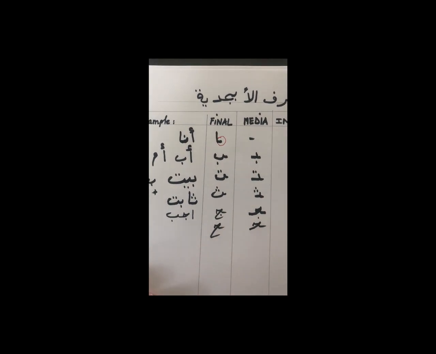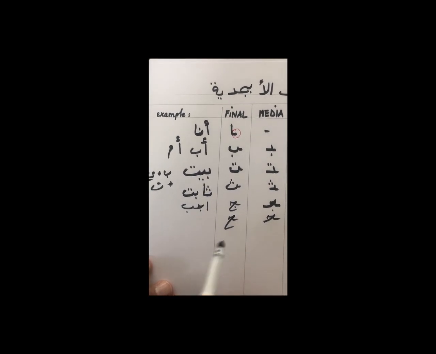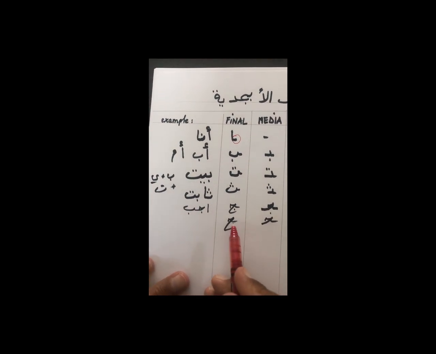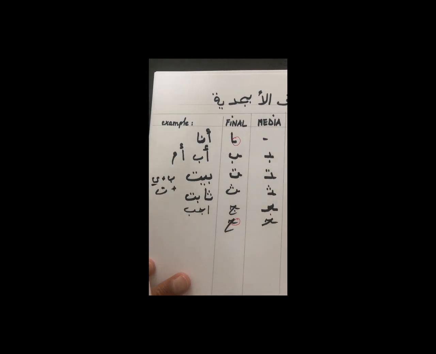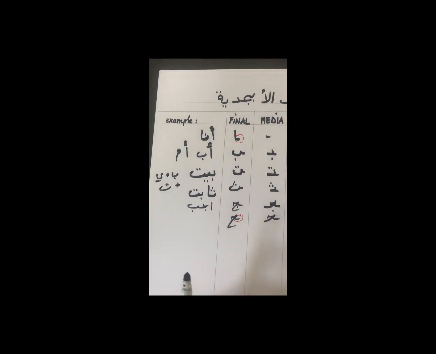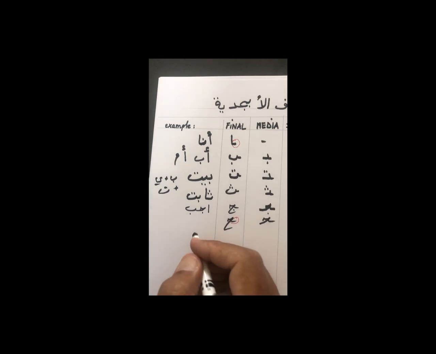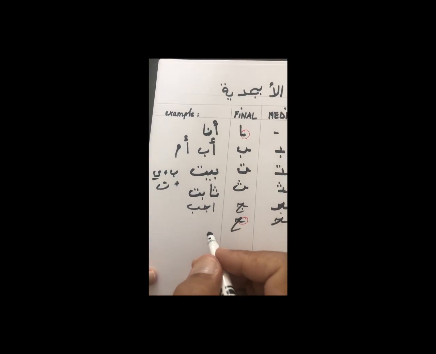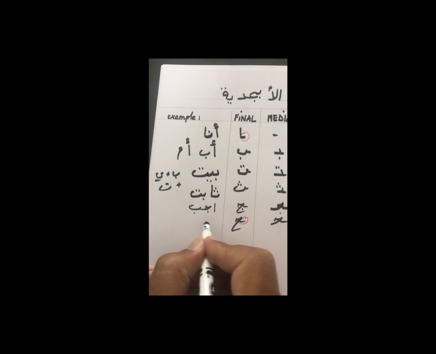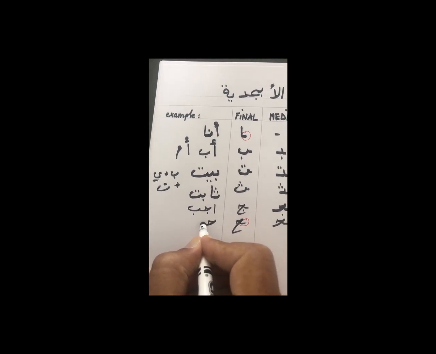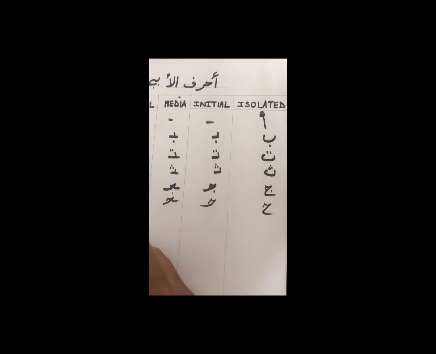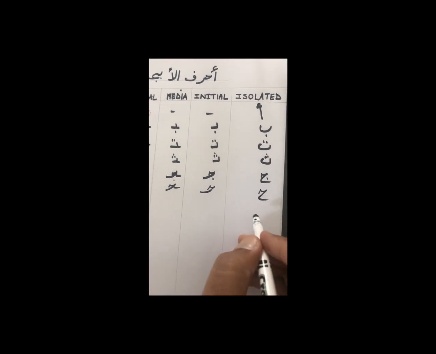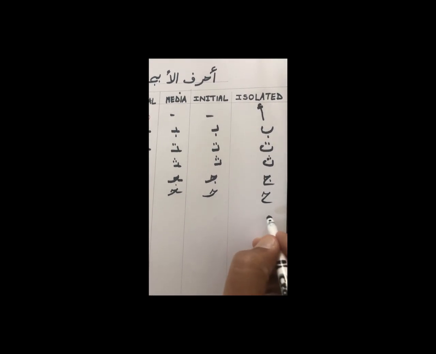Always remember, this section is not part of the letter, but it's just to connect the letters, the liaison. And a very nice example I'm giving you with hey is حب, love, baby, love. Remember this word, you will need it all your life. حب, without love you can't survive.